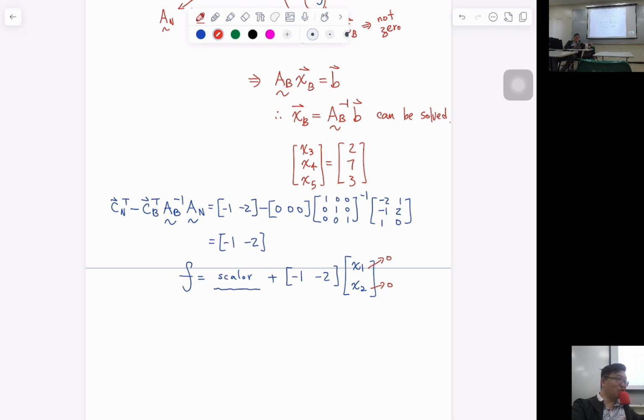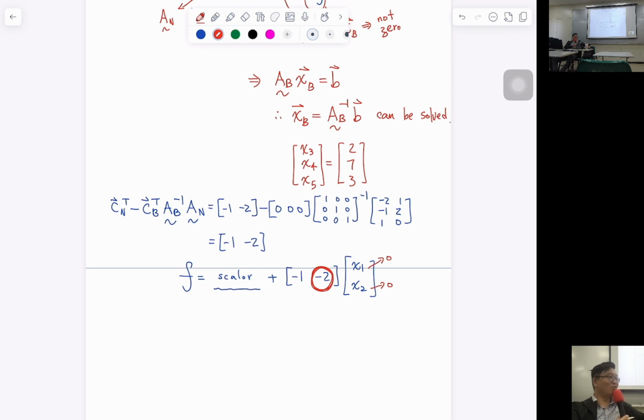Obviously, we're going to choose the one with -2 because it reduces f more. Right? If I enlarge x1, it's 1 times the increment. If I choose x2, it's -2 times the increment.